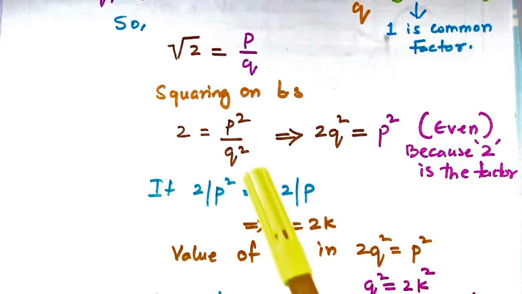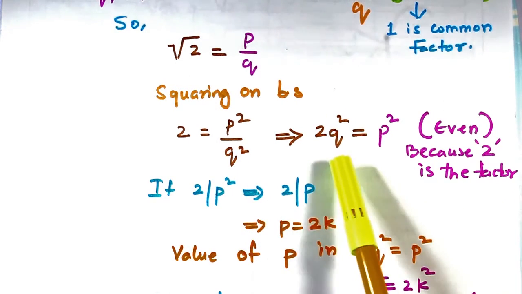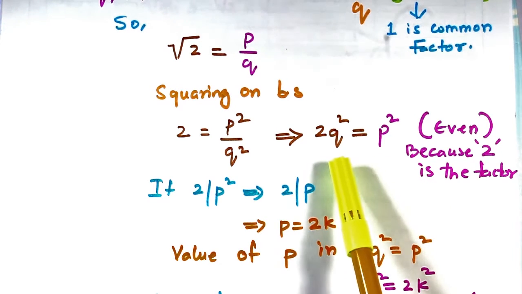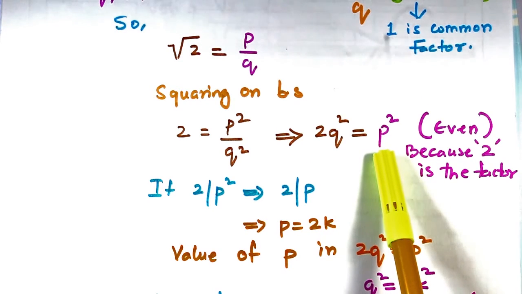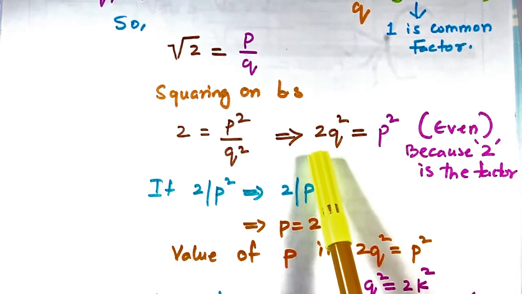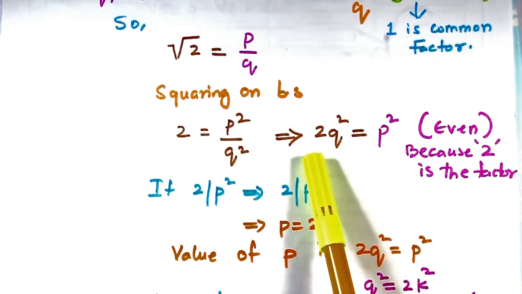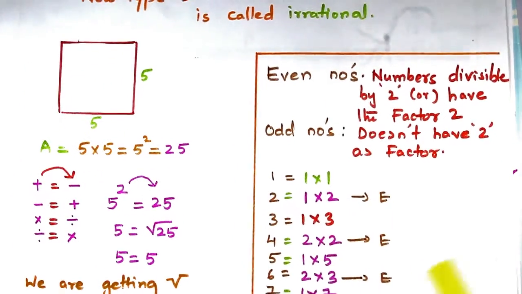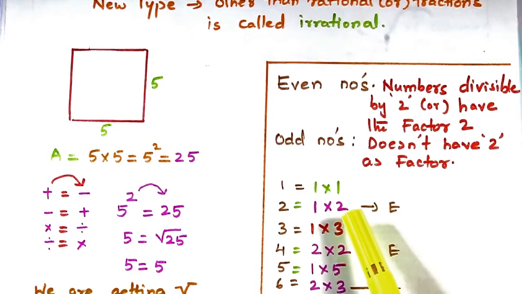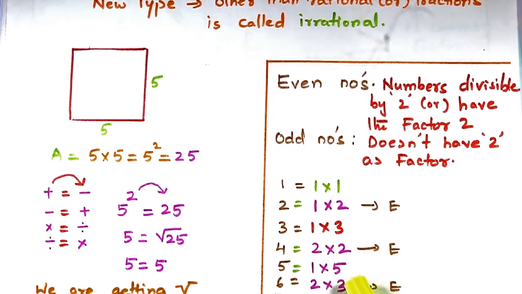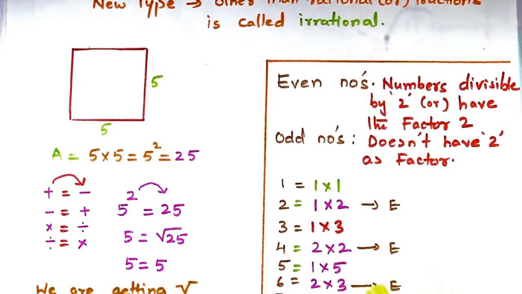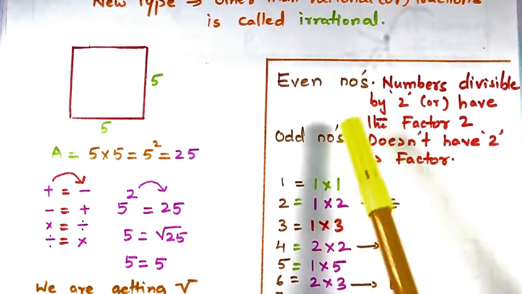You can see over here, after squaring these two numbers, we are getting 2q square is equal to p square. That is, we have got a number, p square, that has prime factors which consist of 2 over here. Prime factors which consist of 2 in the prime decomposition are considered to be an even number, right?